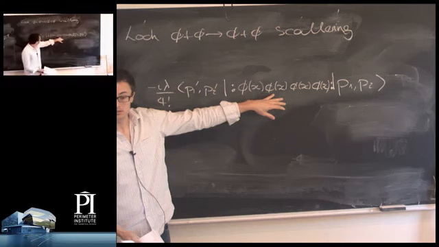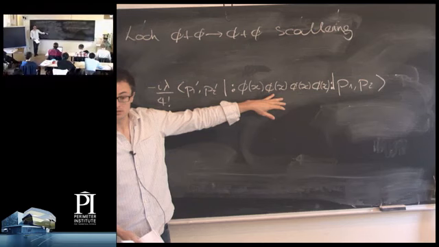This also tells us what happens to this 4 factorial. Notice that the number of ways of picking the 2 that are going to kill these and the 2 that are going to hit these is 4 factorial. So there's 4 factorial different ways of killing these and producing these. That cancels this 4 factorial, which is why we just have a lambda here and not a lambda over 4 factorial. If you look baffled, you should maybe just sit down and compute this in phi to the 4 theory.